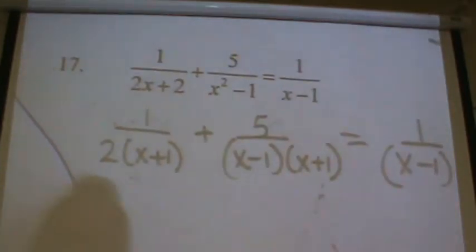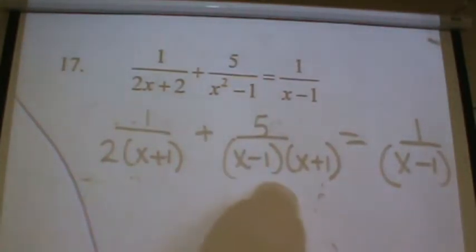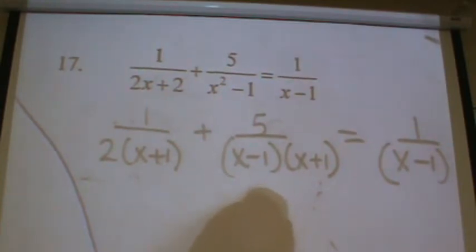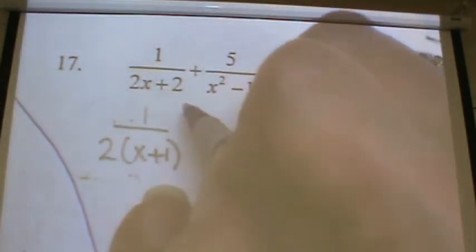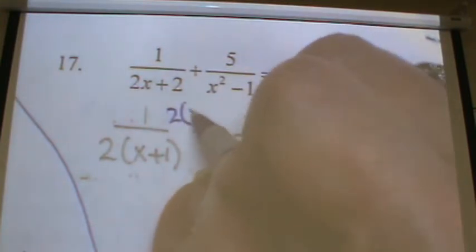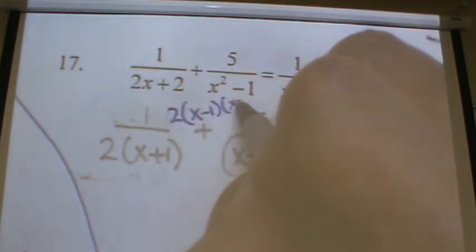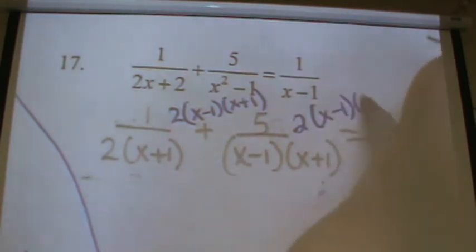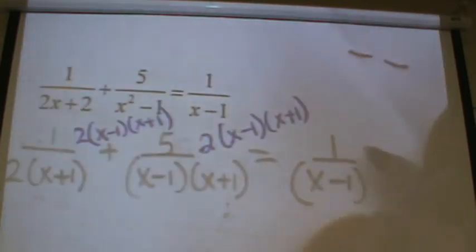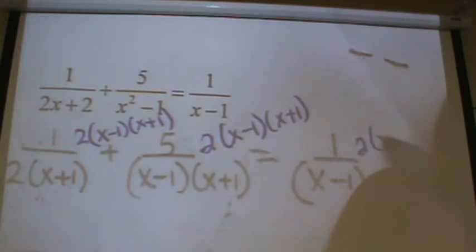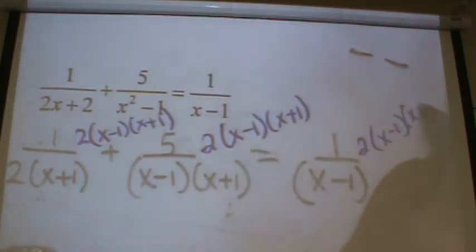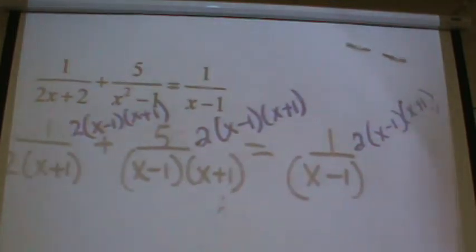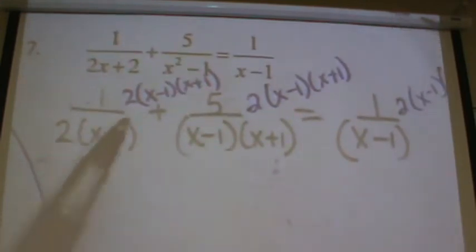So we need a 2, we need an x plus 1, and we need an x minus 1. Does everyone agree? We're going to write small here. We need a 2, an x minus 1, x plus 1. Okay, what cancels in the first fraction?